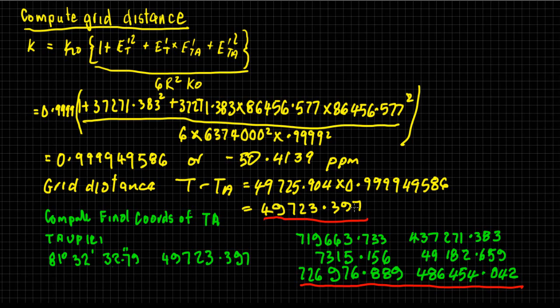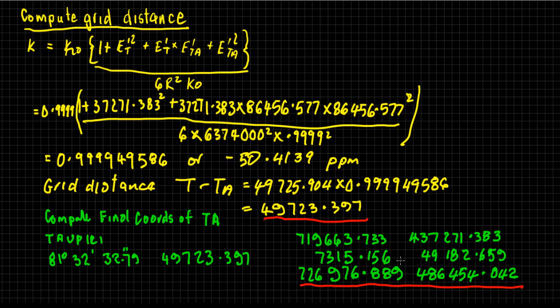Now as a check, using those values, let's compute the final coordinates of Te Aroha from them: again 81°32'32.79" and 49,723.397, as I said earlier, and we run those out as we did when we calculated the approximate coordinates, and these are the values that we come up with.